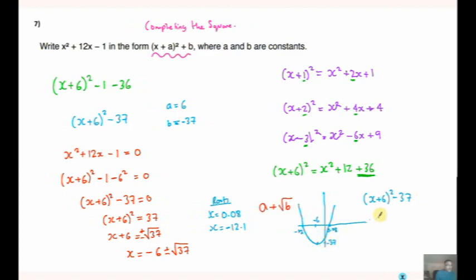So what that enables us to do is to learn that my minimum point will be minus 6, minus 37. The key thing to notice, once you've got it in completed square format, is the opposite of that number, so instead of plus 6, I've got minus 6, and minus 37.